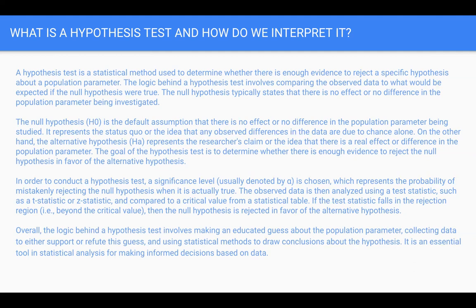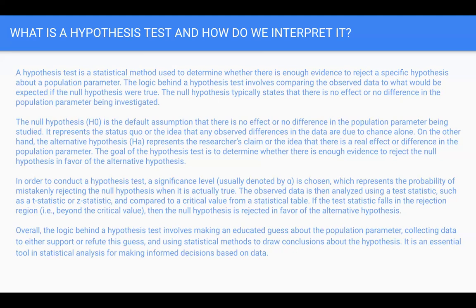The null hypothesis basically states that there is no effect or difference in the population parameter being investigated. The null hypothesis is also a default assumption that there's no effect or difference in the population parameter being studied. It represents the status quo and the idea that any observed difference in the data is due to chance alone.